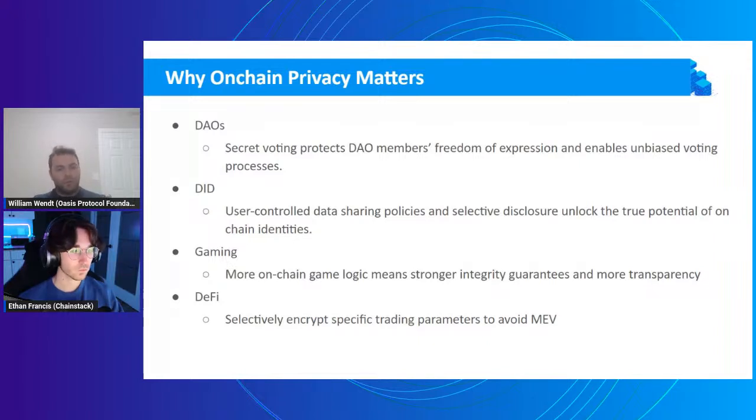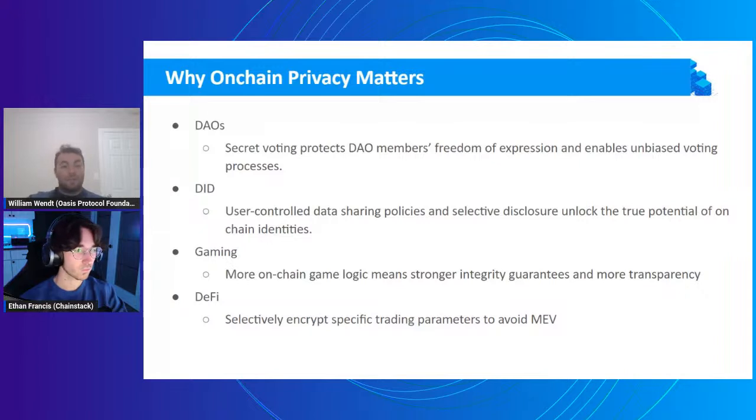In the traditional world, political elections and all sorts of governance processes have the ability for confidential voting, but this is not possible until Sapphire. And so our governance frameworks have been acting with their hands tied behind their backs. With Sapphire and the Oasis privacy layer, we can now enable dApps on any network to offer confidential voting to their applications.